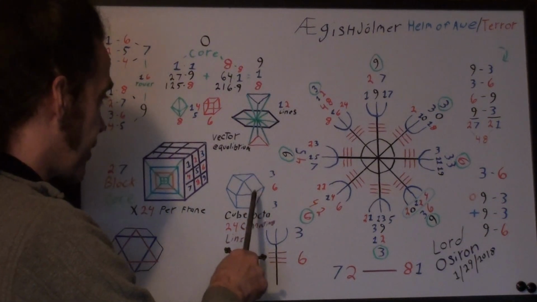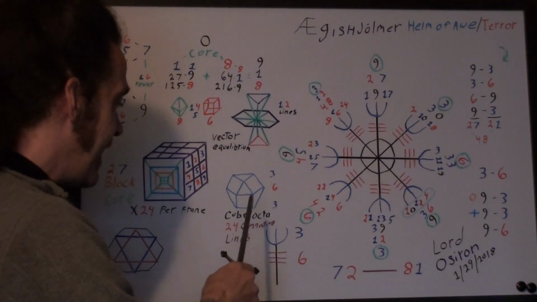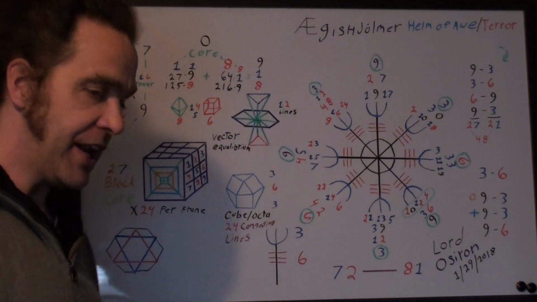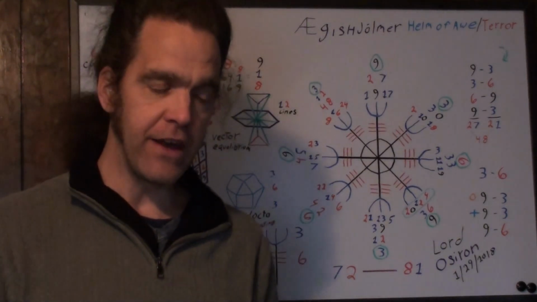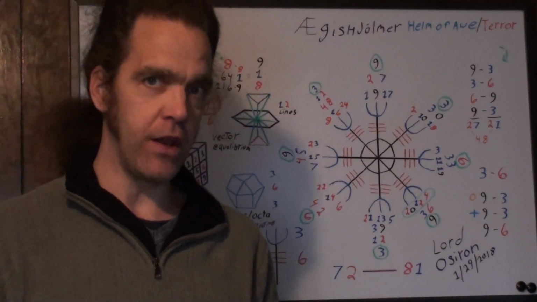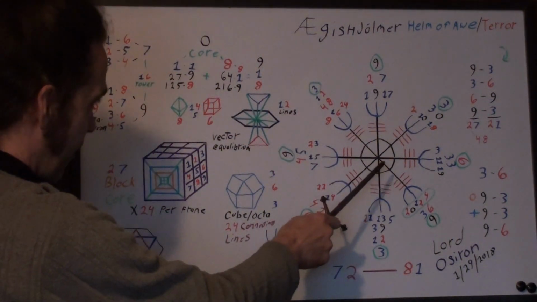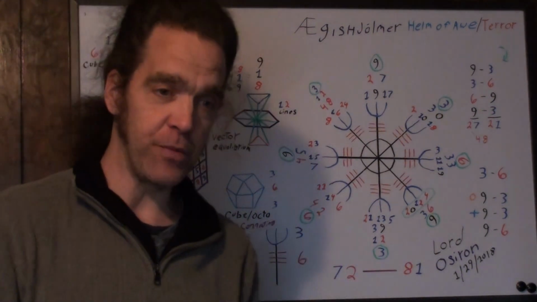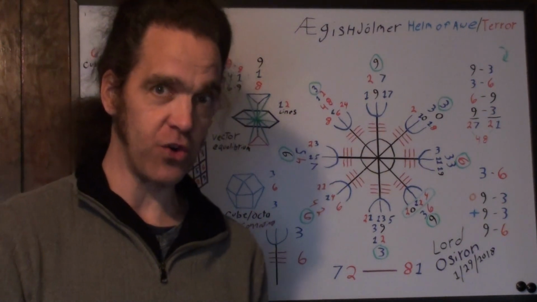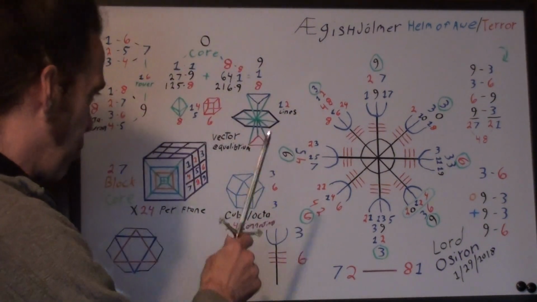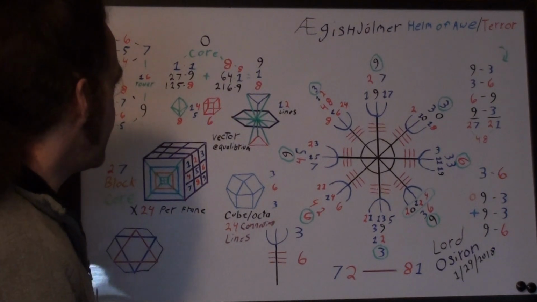That means you could extend the structure to infinity, and it would always connect and work, and every nodal point would be constructed of the same number of lines. So this structure links with the Yggdrasil, and what that ultimately becomes is the octahedron Kundalini grid, and it works hand in hand with the cubeoctahedron.